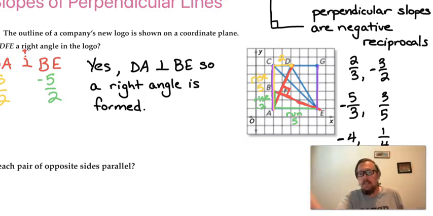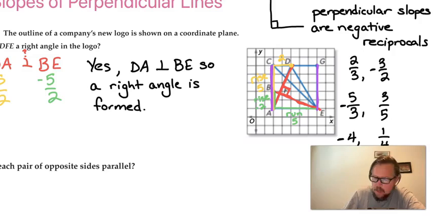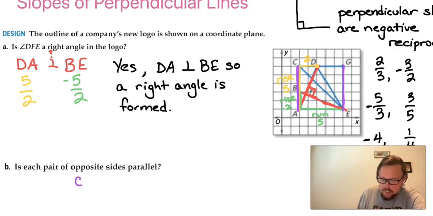Now, parallel means, do they have the same slope? Well, CA and GE, let's start with those. These lines are both vertical. They're both going straight up. They do not have a run, and vertical lines have a slope that is undefined. So CA and GE are both parallel.